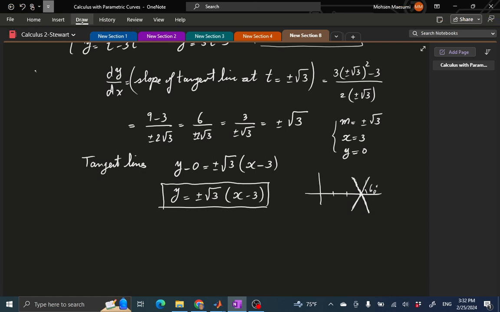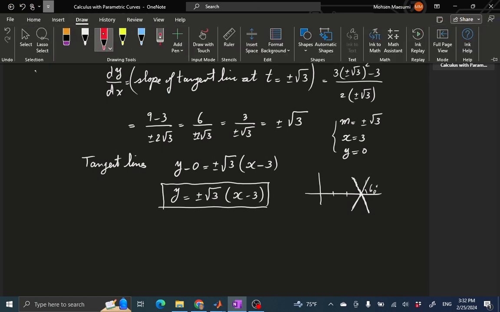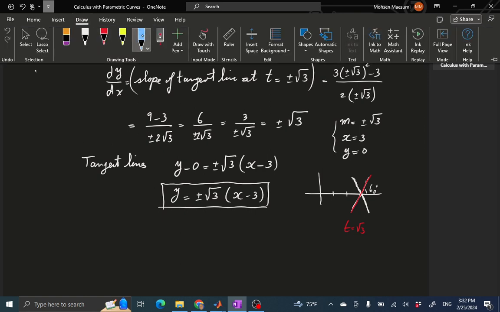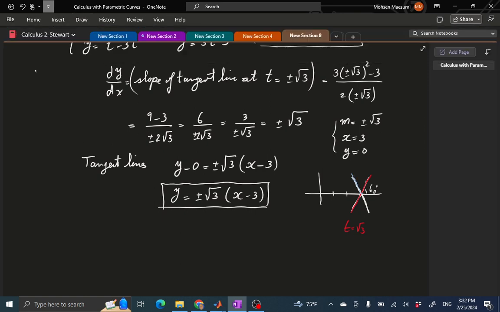Let's specify that this one happened when t was positive radical 3, and the other one, at that crossing point, t was minus radical 3.